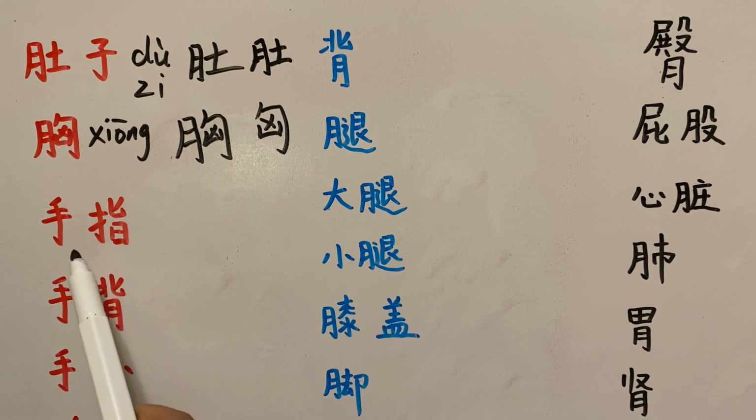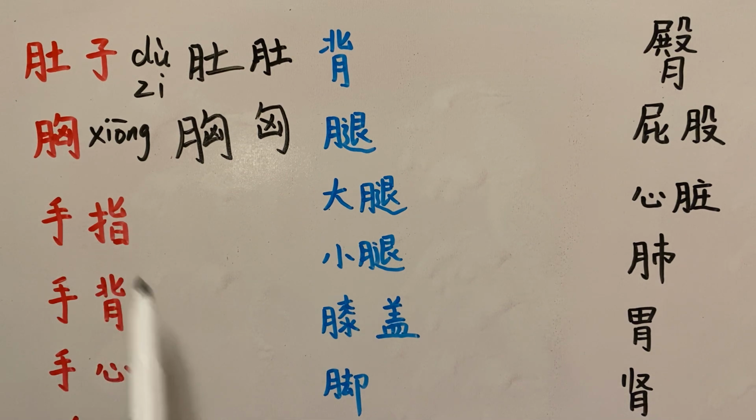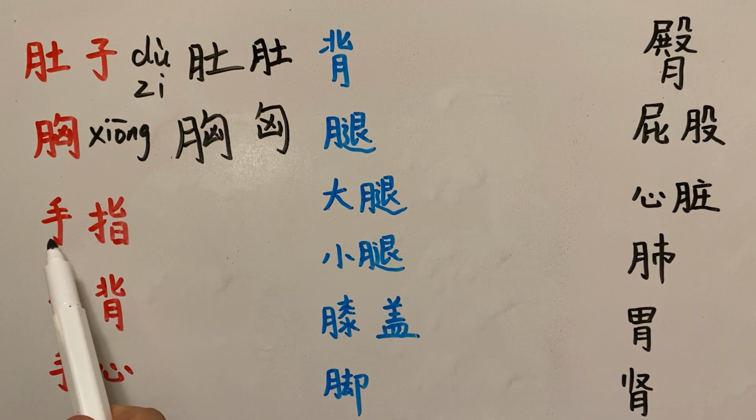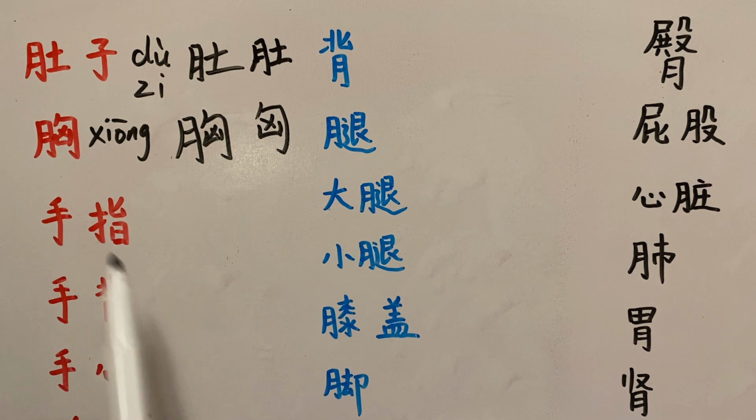Okay, the next one, 手指, finger. This 手 we have already known is hand, right? This 指 is finger. So in Chinese we say hand's finger. It literally means finger, but we say hand and finger, 手指.